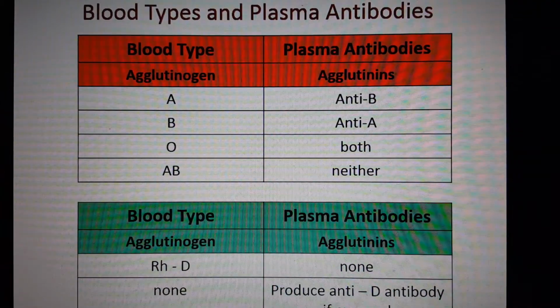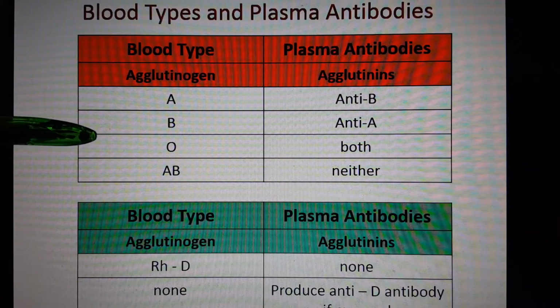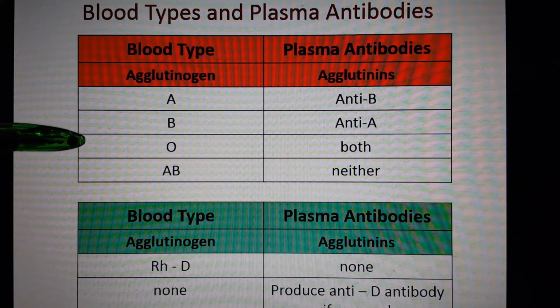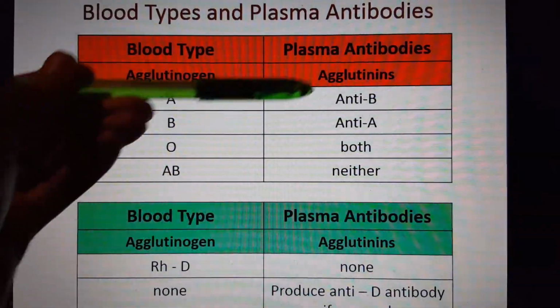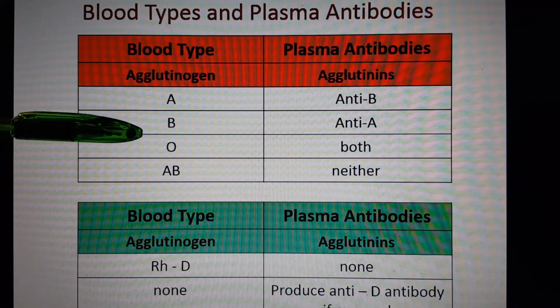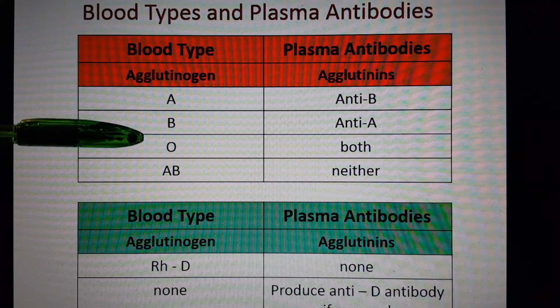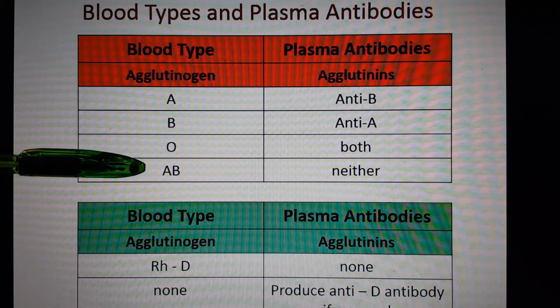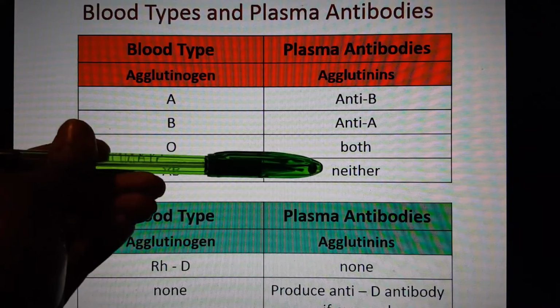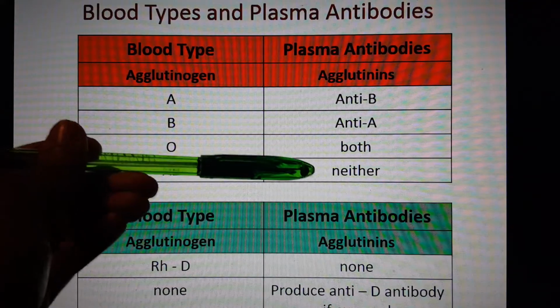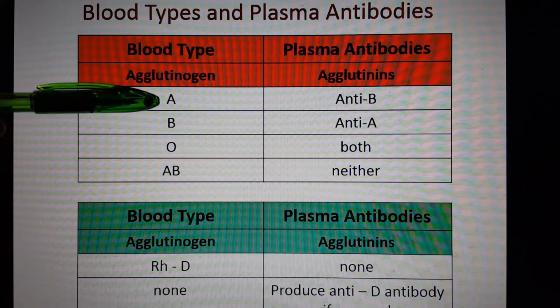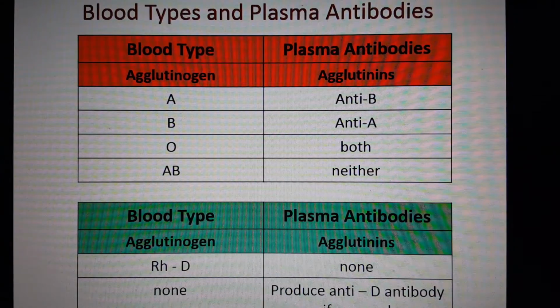So your type O blood, since it has no agglutinogens that will react with an agglutinin, is considered your universal donor. Type AB, because they do not have agglutinins against either of the ABO blood types, is considered the universal acceptor.